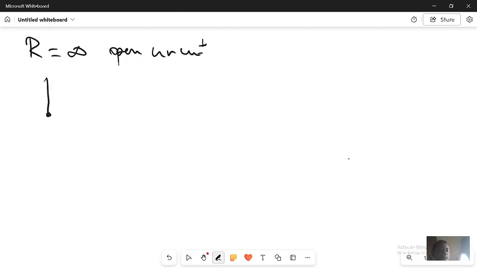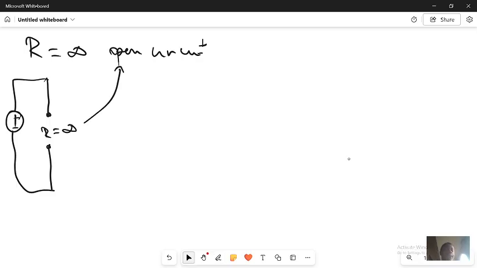For example, I have this source and now this one, where the value of R is going to be equal to infinity. In this case, it is an open circuit. When it is an open circuit, there will be no current flowing here, because it's disconnected. The wire is disconnected. That we call an open circuit. There will be no current.